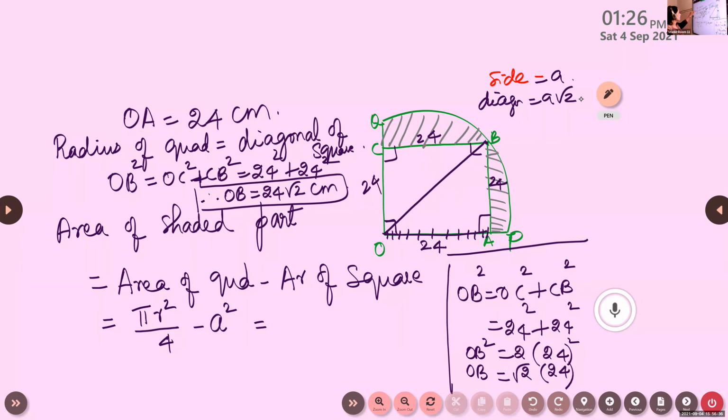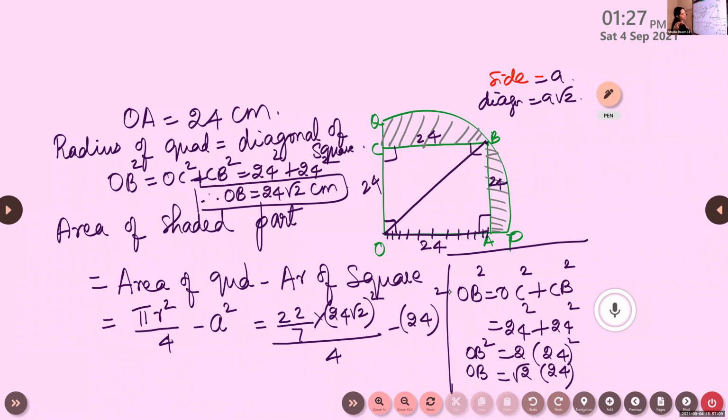Here the side of the square is 24, therefore the diagonal is 24 root 2. Diagonal is the same as radius, so we can apply the value here. Pi is 22 by 7 into 24 root 2 the whole square by 4 minus 24 square.